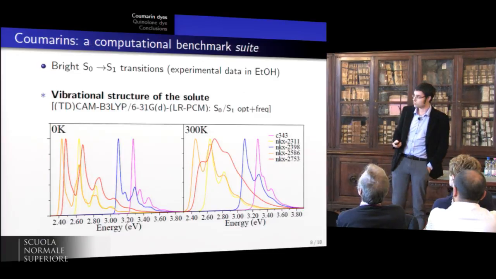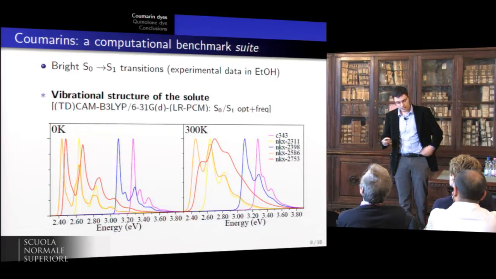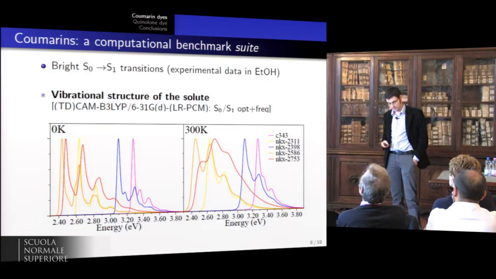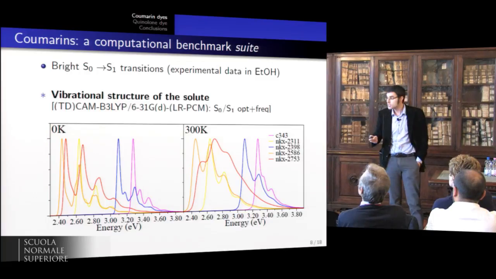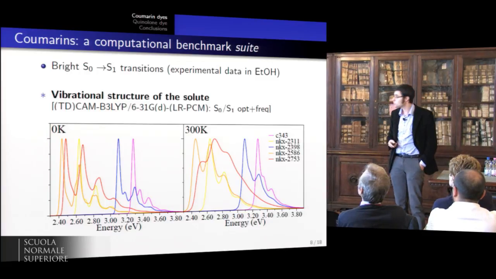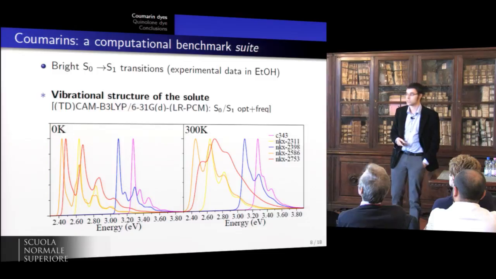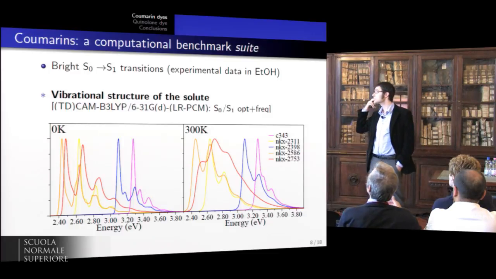From the computational point of view, the availability of a large set of experimental data for the transitions gives us a nice benchmark set to test our models. First of all, we have computed for all the molecules I showed previously the vibrational structure of the solute.